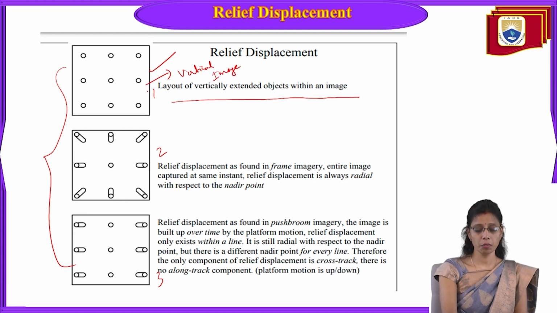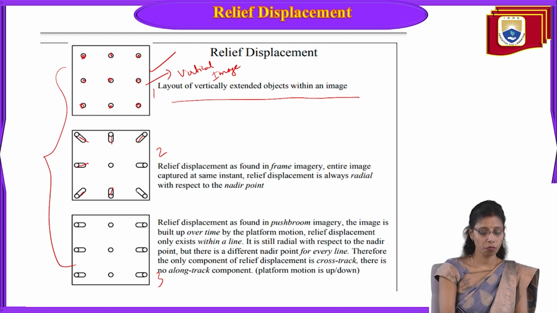If it is a vertical image, you can see only the top of the object. You can see all these buildings, only the tops. Now in the second one, the side view is visible.